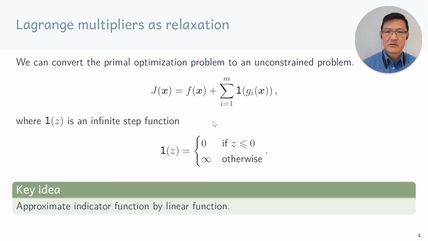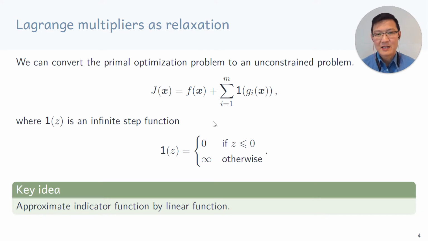One way to convert from a constrained problem to an unconstrained problem is by introducing a simple function like the step function we see here. If the constraints are satisfied, then the function returns 0. If the constraints are not satisfied, then the function returns infinity.